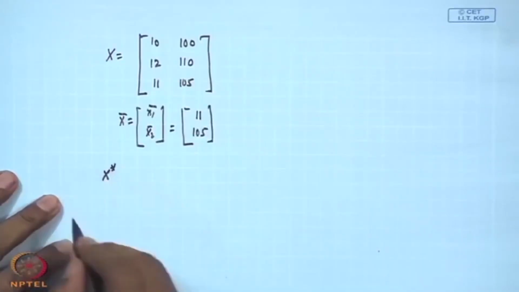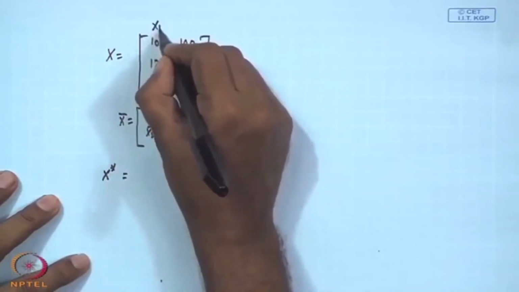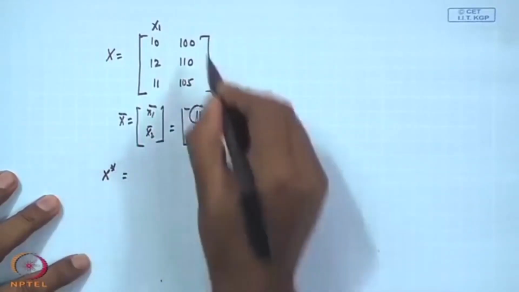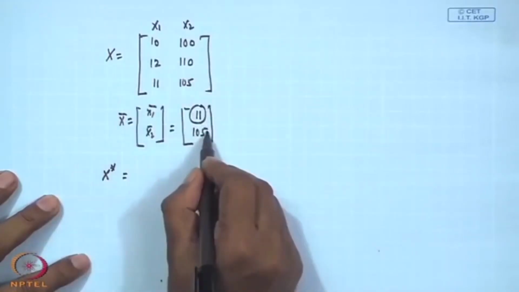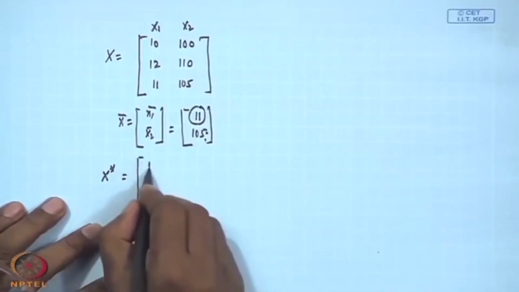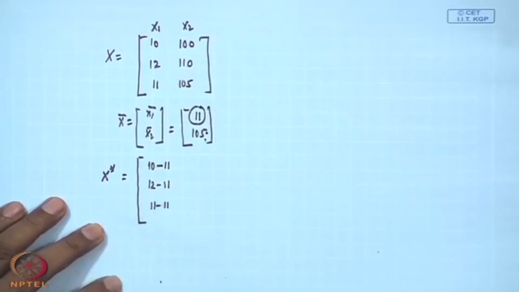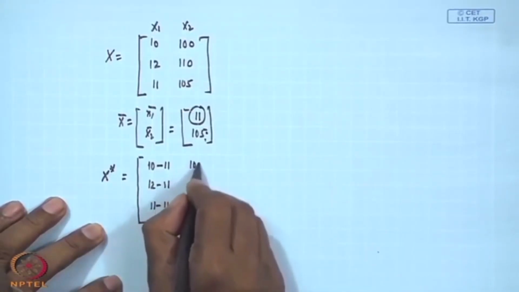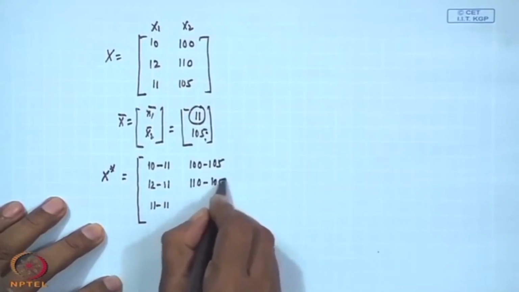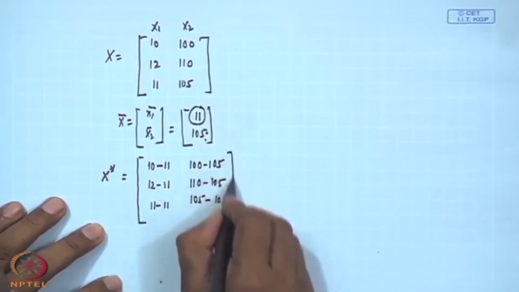Now, what you are creating is X star. Each element of x1 will be subtracted by its mean 11, and similarly each element of x2 will be subtracted by its mean 105. So, this will be 10 minus 11, 12 minus 11, 11 minus 11, and the second column 100 minus 105, 110 minus 105, 105 minus 105.